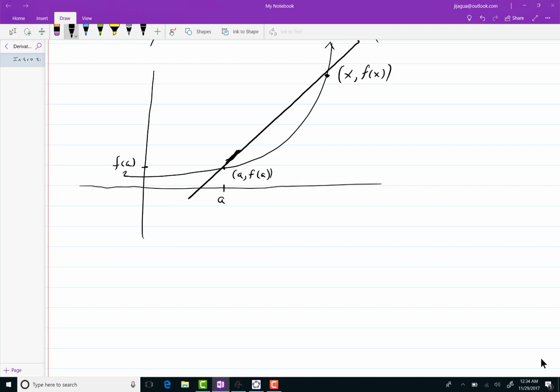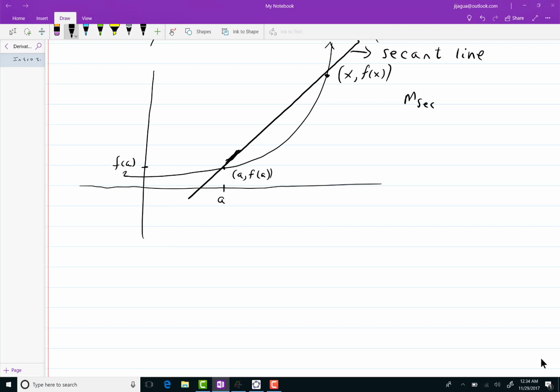Anyways, this line that connects these, I'm interested in the slope of this line. So this line is called a secant line. And the slope of that secant line is written as m sub sec. So m for slope, because m is always used as slope.